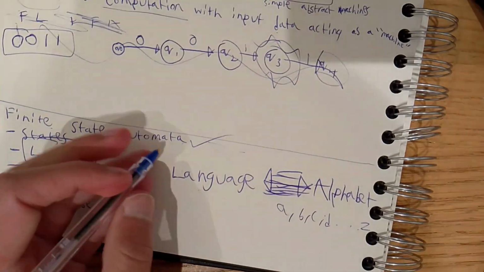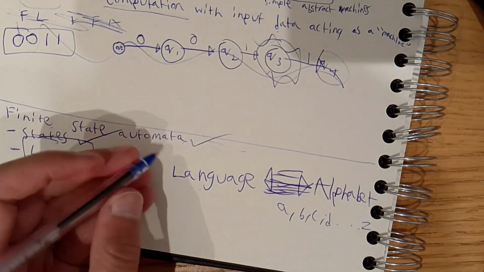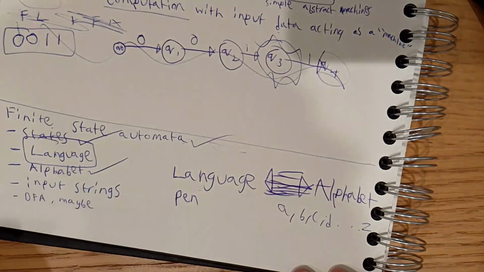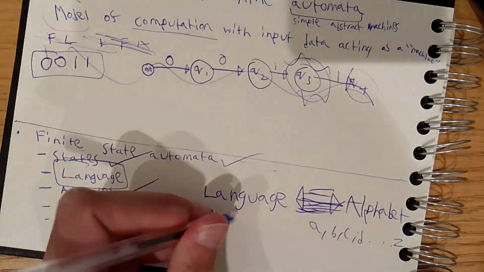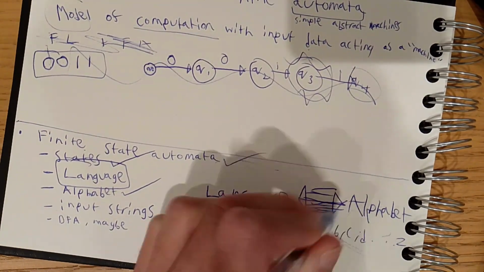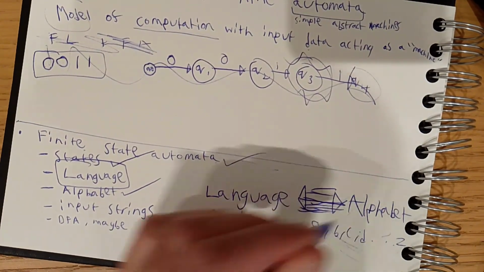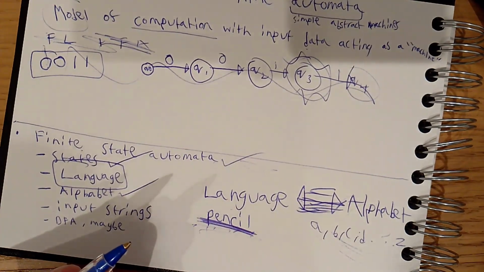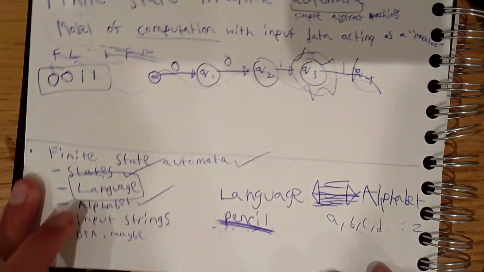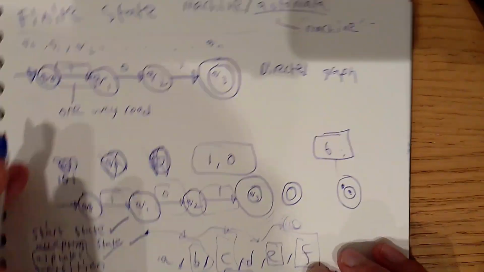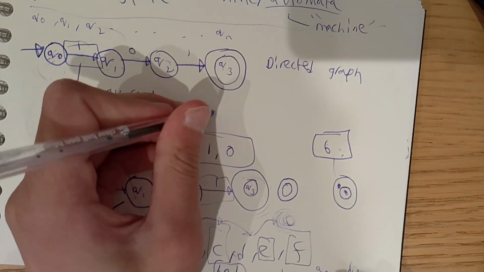Okay, let's say a word, pencil. Okay, because I have a pencil right here. Pencil has 6 letters that are in the possible alphabet you can use, and this is a legitimate word in the language. So here, a language means the set.